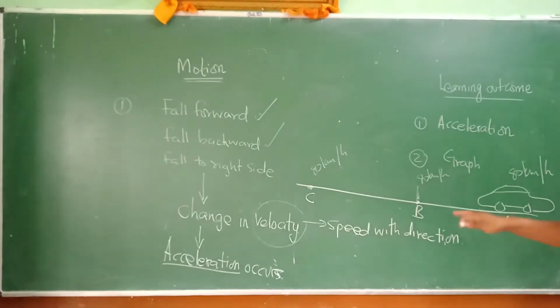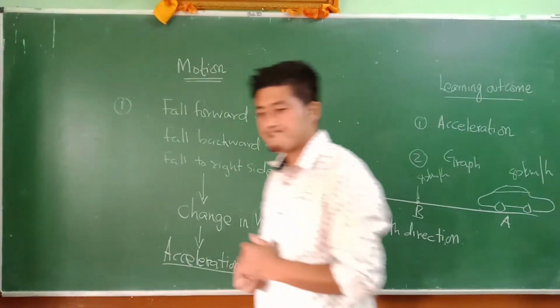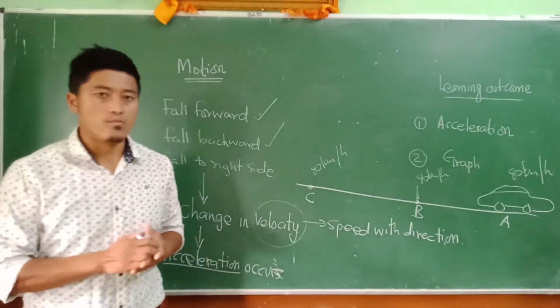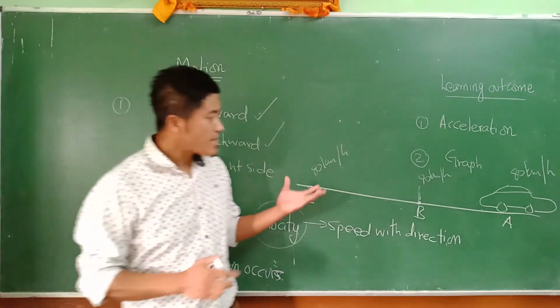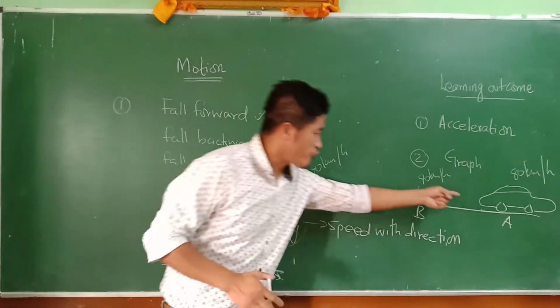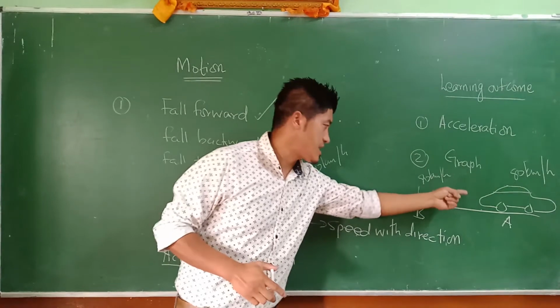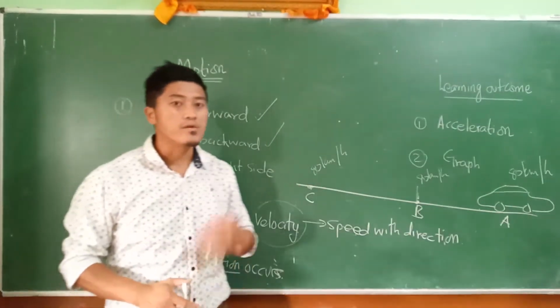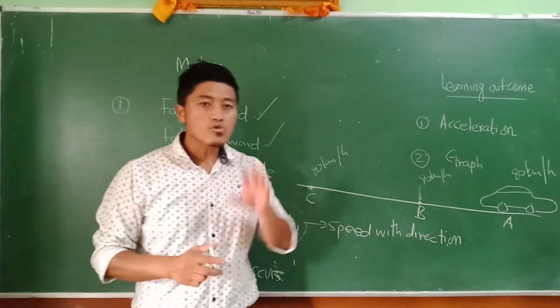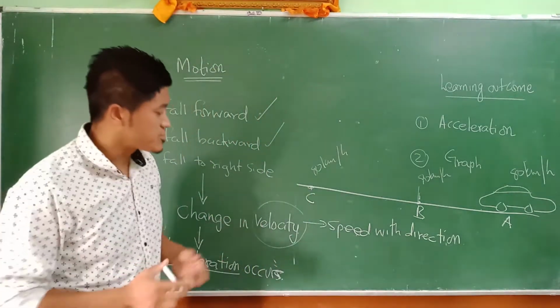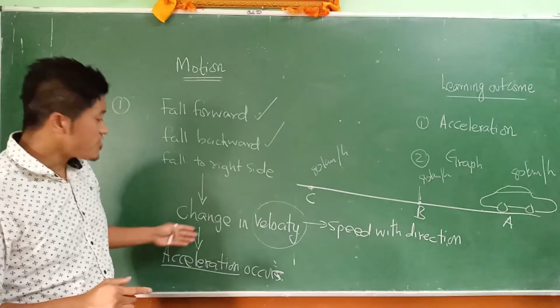In this case, do you see any kind of acceleration? No. So what actually is acceleration? Because whenever any object travels at a uniform speed, there is no acceleration. So now you must be thinking, what is acceleration? Acceleration is the rate of change of velocity.